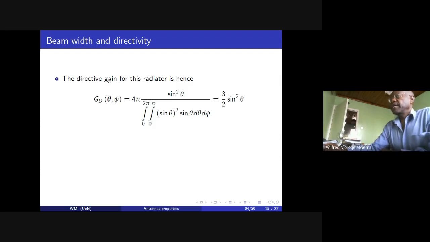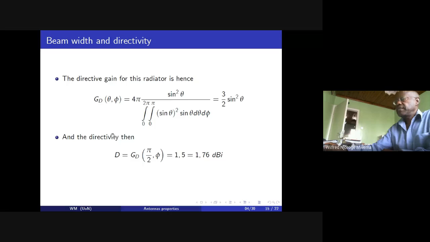And therefore the directive gain for this radiator will be given as G_D(theta, phi) equal to 4 pi multiplied by the sine squared theta over the integral at the bottom, that is the average power radiated over the whole surface. And this will give us a value of 3/2 sine squared theta.